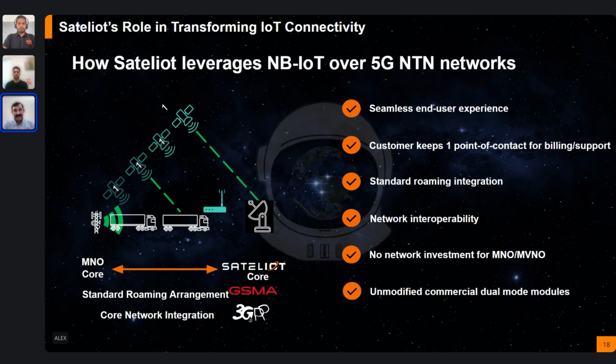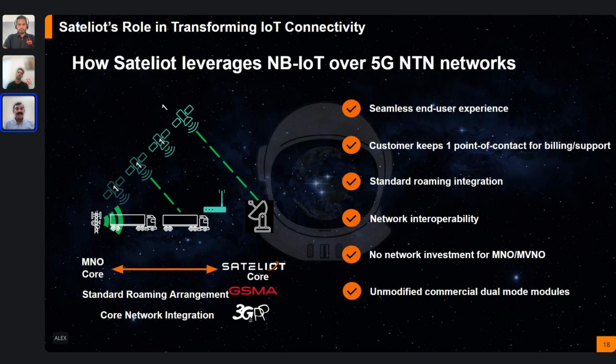We implement standard industry practices, the standard way of integrating with MNOs. So our network operability is pretty seamless, the same as when an MNO or MVNO integrates another roaming partner in their network. So from the network side, there is no investment on the MNO or MVNO.